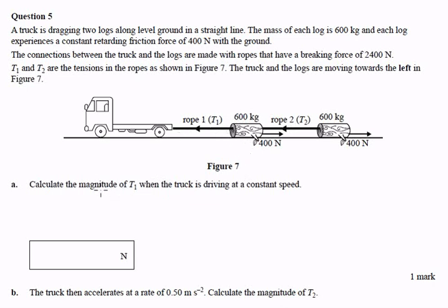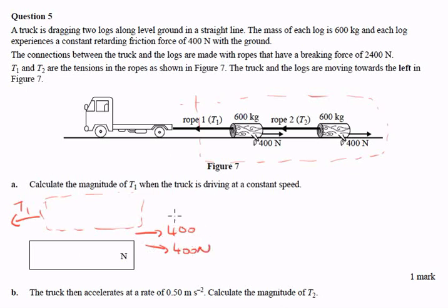Right, the way you calculate this, excuse the cars outside, is I'm going to look at the system at the moment. I'm going to look at this system here. Okay, input into the system is my tension 1, which is pulling this way, and output is 2 lots of 400 newtons.